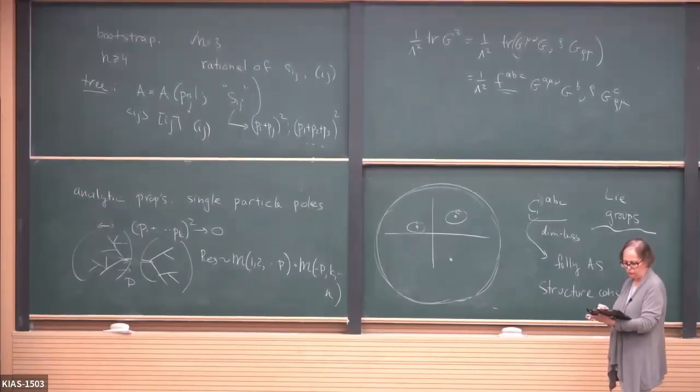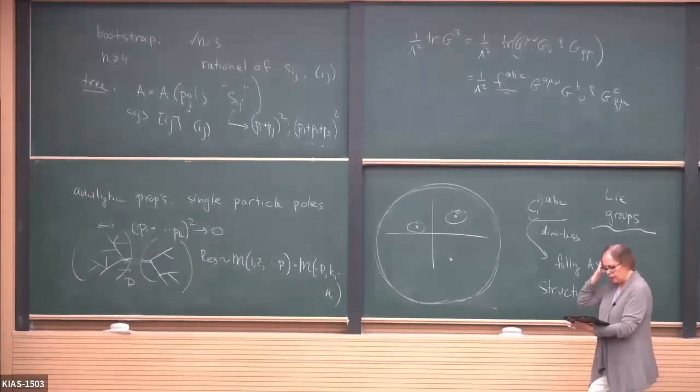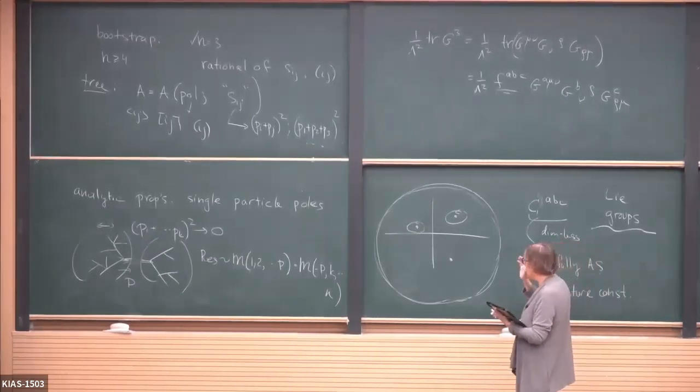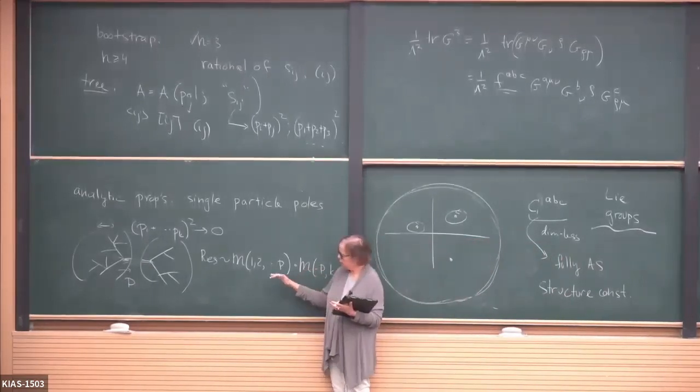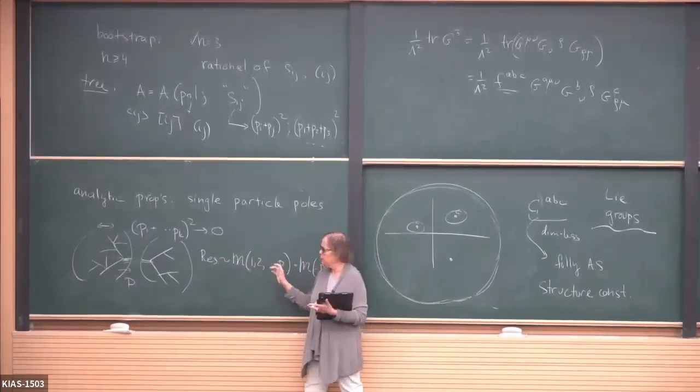Okay, and so what's going to be the plan at this point? The story is very simple. We have an analytic function. We know what the poles are.